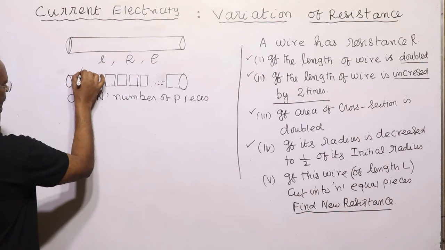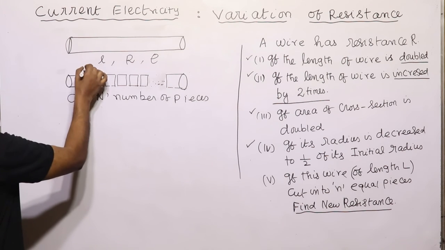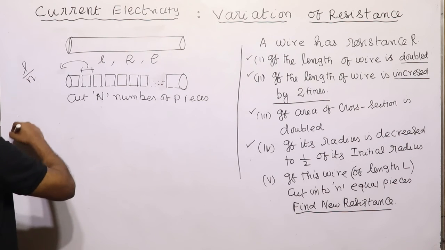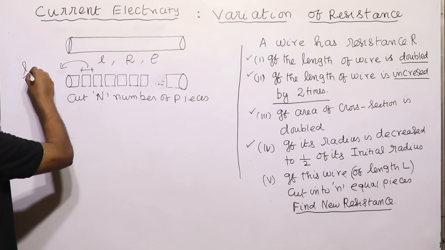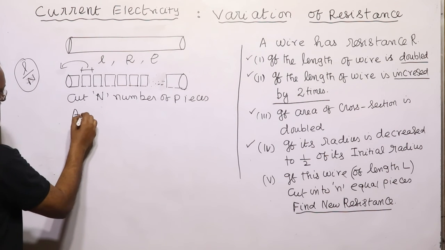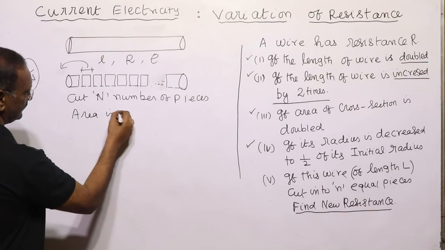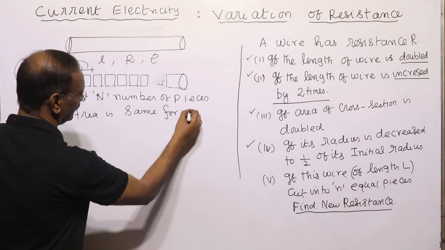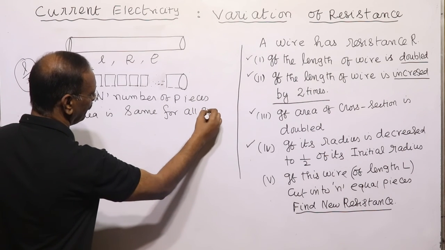Each will have a length of total length divided by number of pieces, so each will have length L by n. But the area is the same for all pieces.